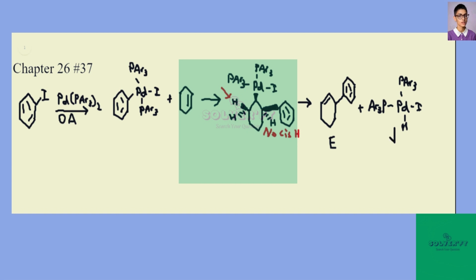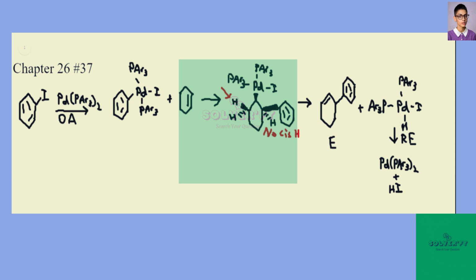And so we regenerate our palladium catalyst by reductive elimination. So I'll just call that RE. And so that gets us back to our palladium catalyst. And it's also going to give us hydroiodic acid.